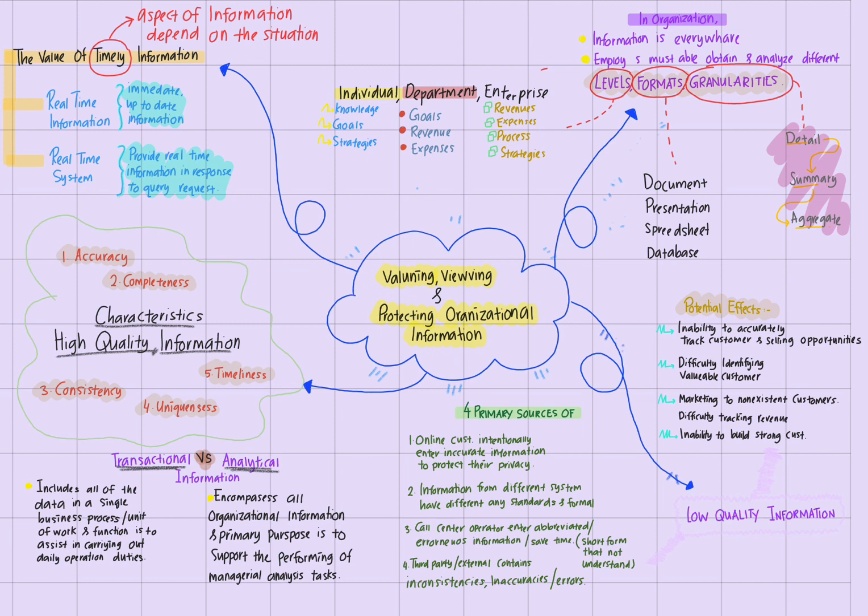So there is 5 characteristics of high quality information. Number 1 is accuracy, whether the values that are used are correct. For example, the name or spelling, the amount of dollar, are recorded properly or not. Number 2 is completeness, whether the values have any missing.